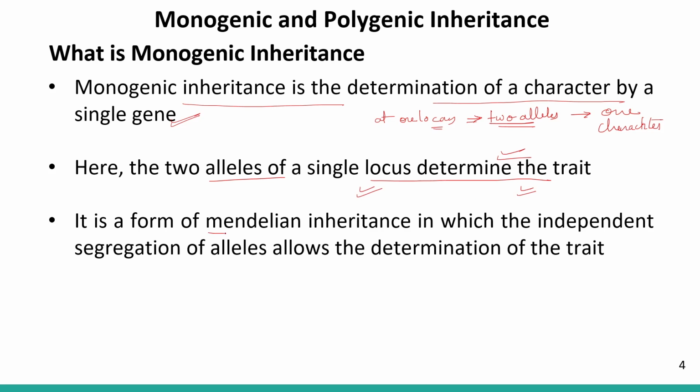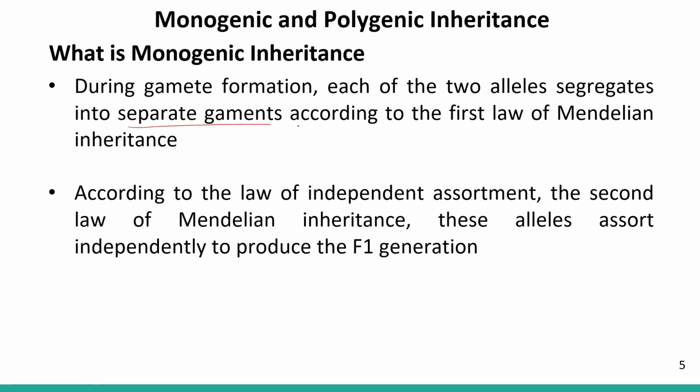It is a form of Mendelian inheritance in which the independent segregation of alleles allows the determination of a trait, right? At the time of gamete formation, each of the two alleles segregates into separate gametes, and according to the first law of Mendelian inheritance, this gamete formation takes place.